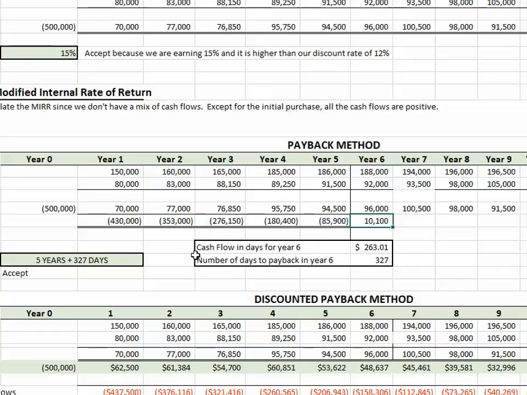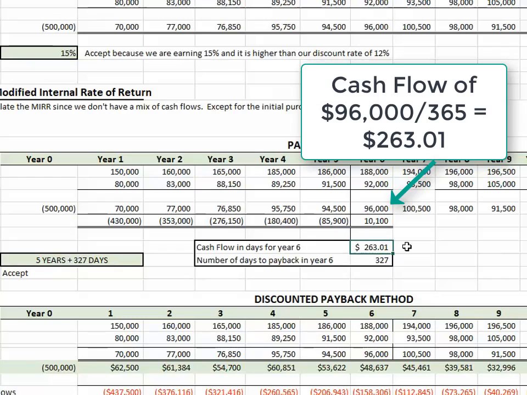I know it's at least 5 years, and then one way to find out how many days on top of that, and sometimes people do it like 5.5 years, or 5 3/4 years. I do it by days, so you don't have to be quite this specific. Essentially I'm taking the cash flow and dividing it by 365.